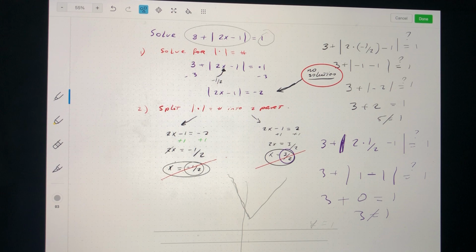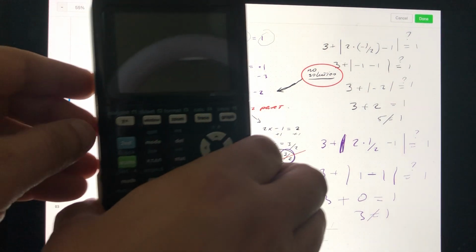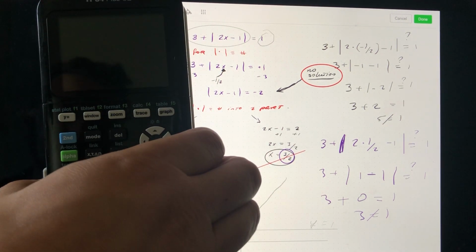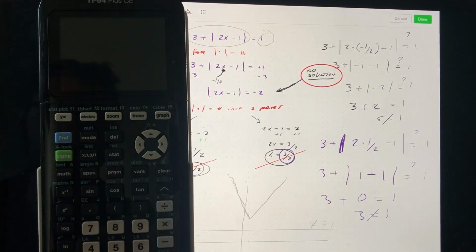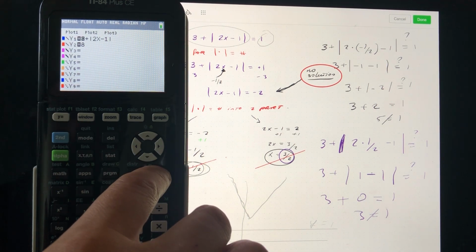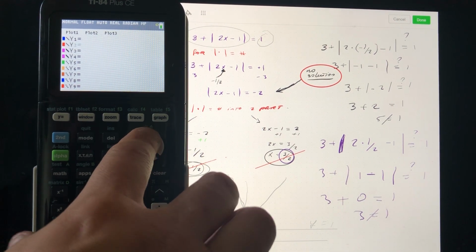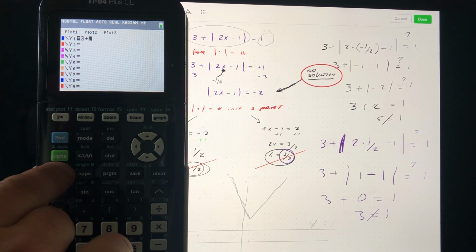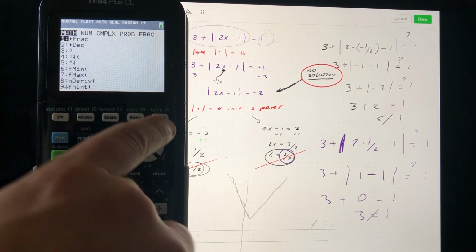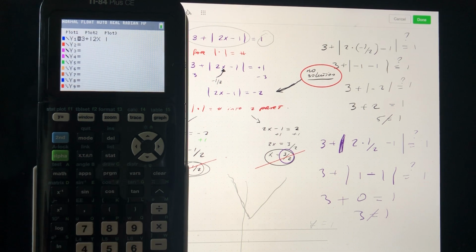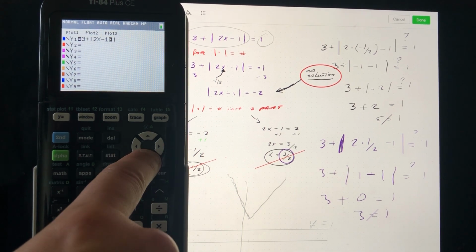So let's do this with a calculator, and we'll type in exactly the original equation. So 3 plus math, and then the numbers is where the absolute value is. So enter 2x minus 1, and that's the first half.